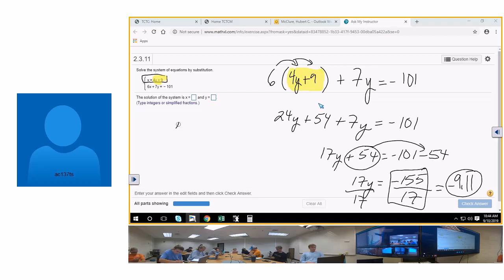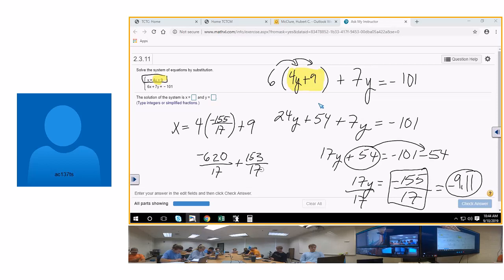So x is equal to 4 times -155 over 17 plus 9. 4 times 155, 620, somebody check me. 17 plus 9 times 17 be 153 over 17. Somebody check me and see if 153 divided by 17 is 9, please. What's 153 divided by 17? Yes. It's 9. Okay. That's correct.